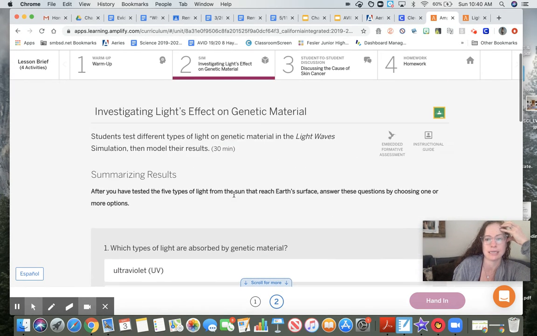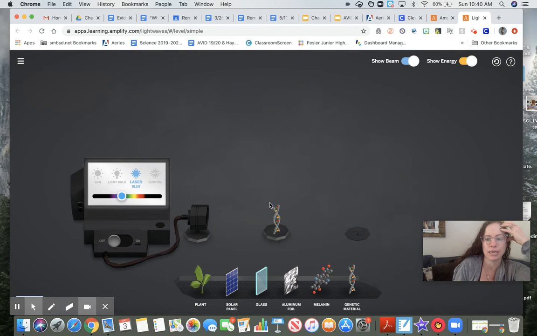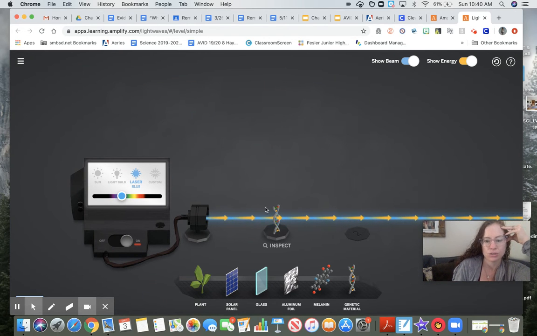We got into the sim and we had our genetic material and we had it on laser and we turned the energy on. We were looking at what happens to the light. So we noticed when we did anything in visible light, all that energy is just going through the genetic material. So that means it's not getting absorbed, right? What happened when we took it to ultraviolet?